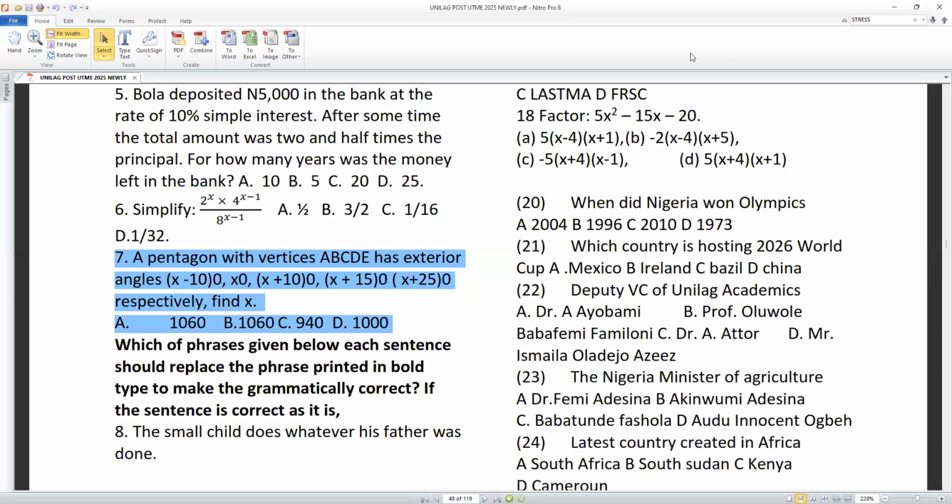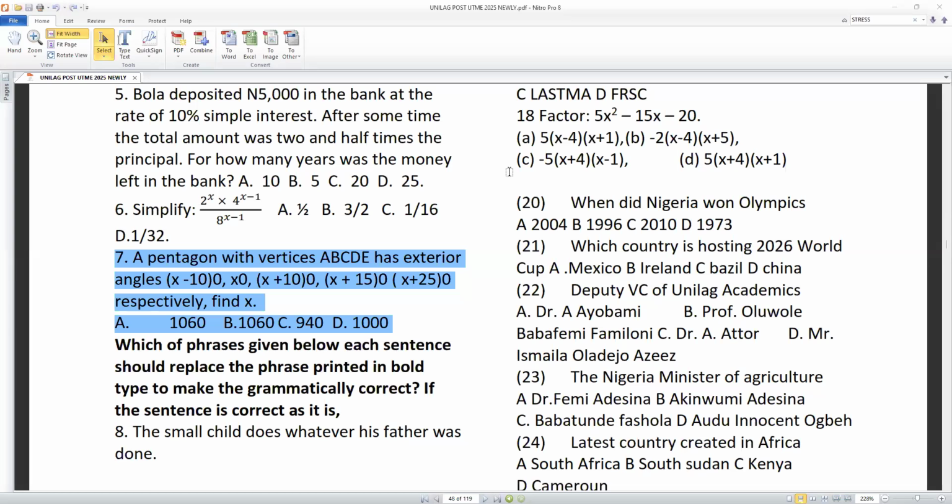Look at this question. A pentagon with vertices A, B, C, and so on has exterior angles x plus 1, and so on. Now, what are you going to do with this?